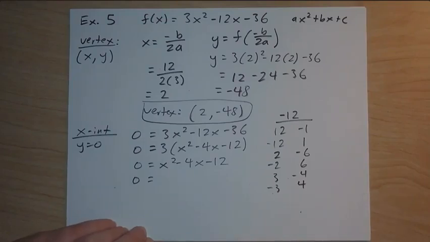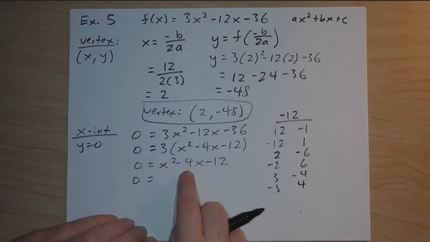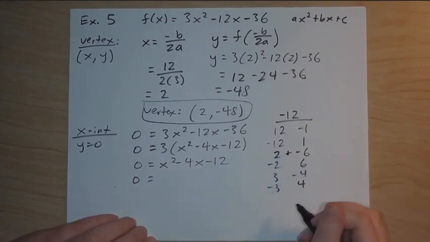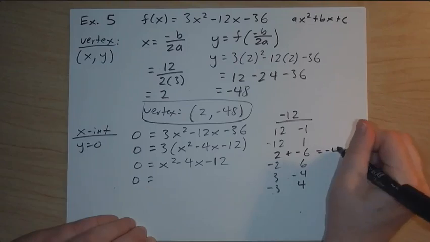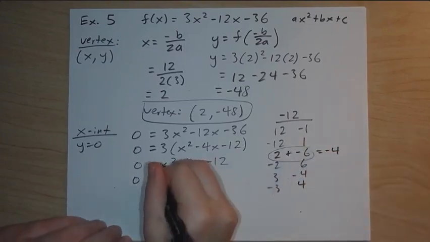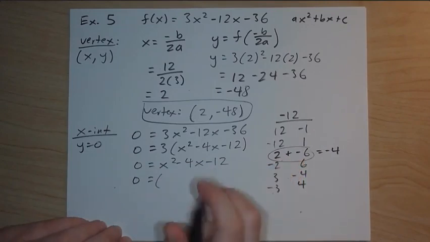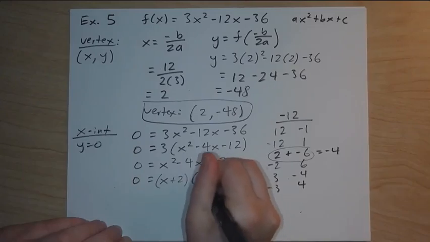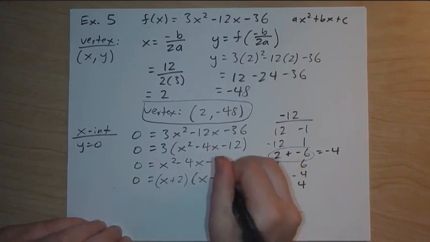So if we add all these up, we notice that the only one that is equal to negative 4 is 2 plus negative 6. This is equal to negative 4. So this is going to give us what our pattern is, which is x plus 2 times x minus 6.